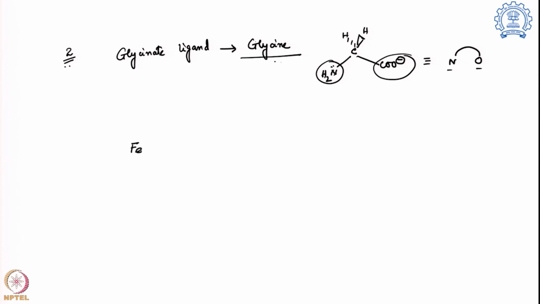So, let us take a similar iron complex, and over here I am not mentioning any oxidation state or anything, just looking into the coordination geometry at this moment. So, over here I can say that nitrogen and oxygen can be like that, nitrogen and oxygen like that.